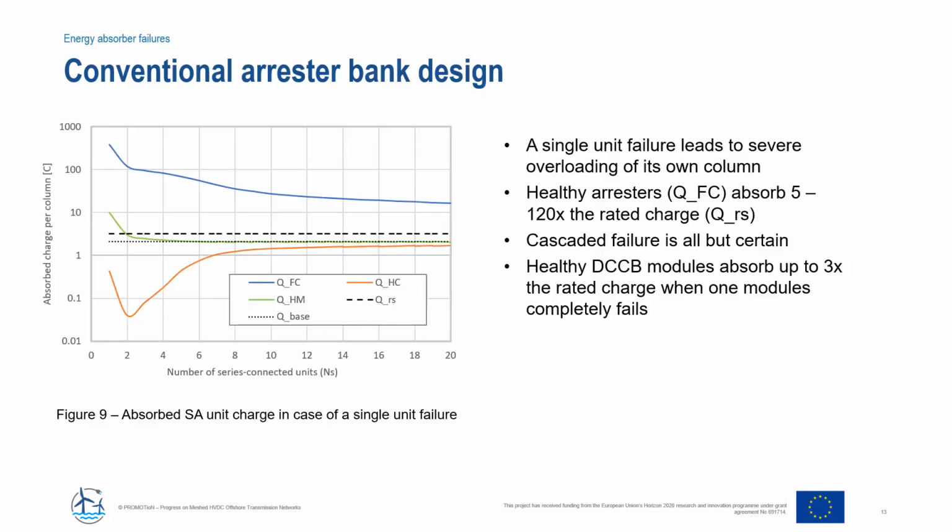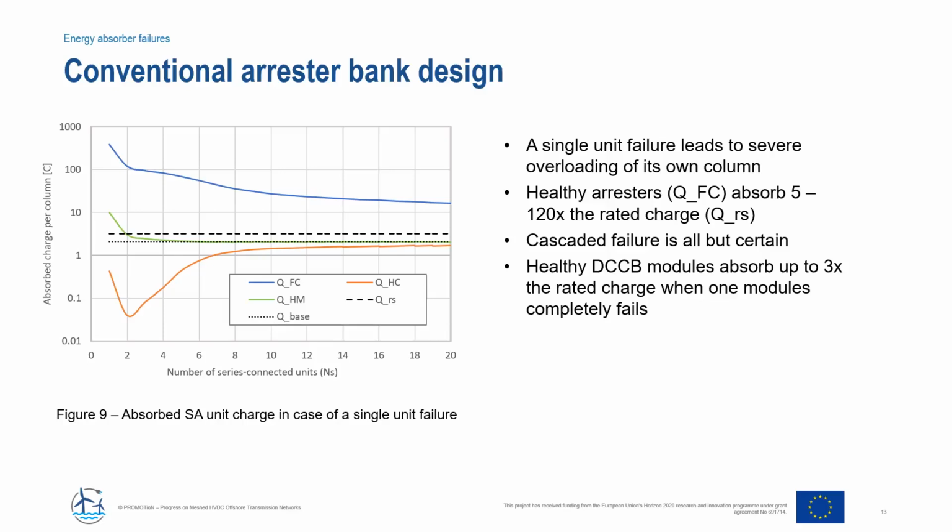The figure on the left shows the absorbed charge per healthy arrester unit in the faulty column, denoted by the blue line. The absorbed charge in the healthy column of the same module is indicated by the orange line, and the absorbed charge by the unit in another healthy module, which is connected in series with this one, is denoted by the green line.